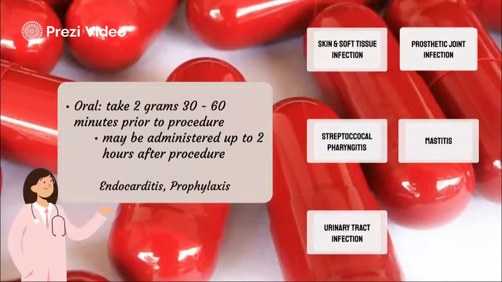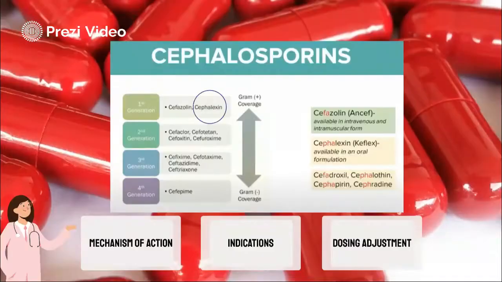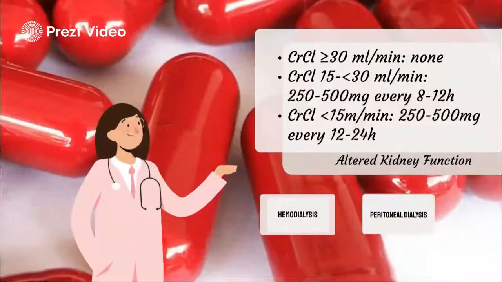And then we're going to go ahead and go over dosing adjustments. For adult patients with kidney impairment, we would have to renally dose adjust based on their kidney function.